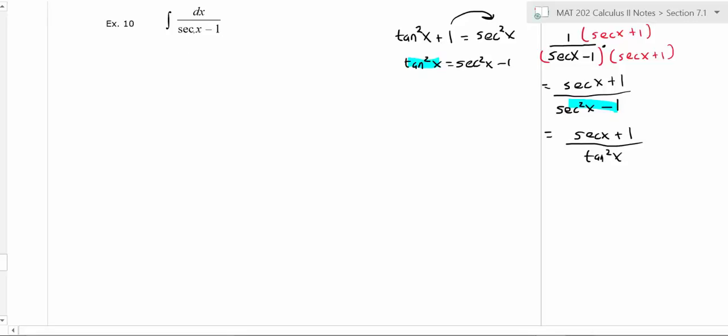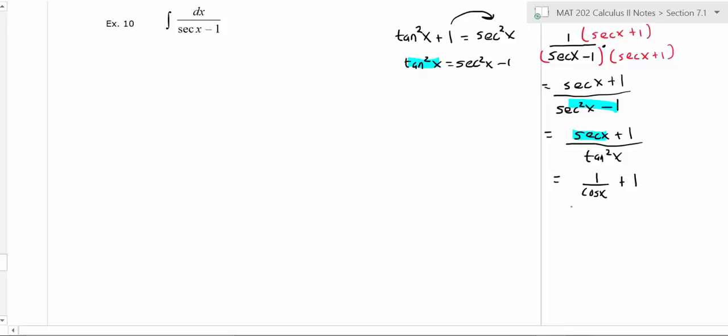Now keep in mind, we're going to be integrating this. This still looks like a really complicated integral. When in doubt, change everything to sines and cosines. So I'm going to change the secant to what it's equal to, 1 over cosine x.